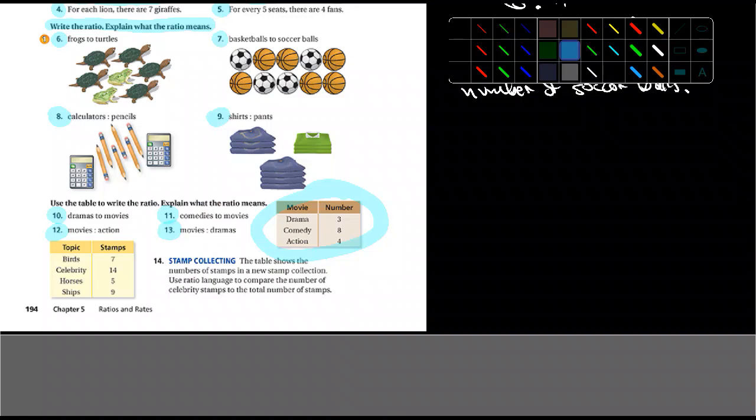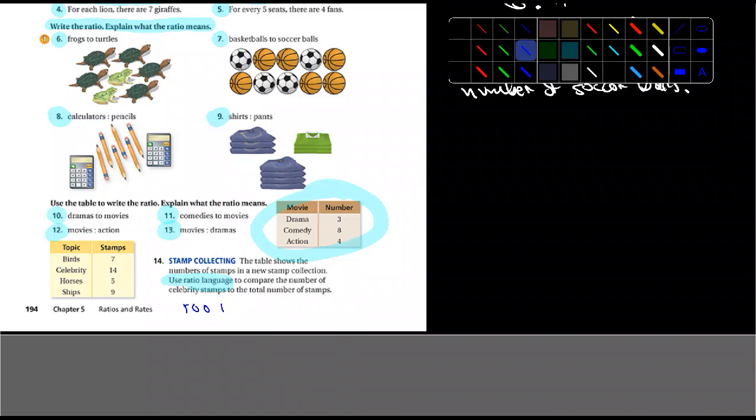Use the ratio language to compare the number of celebrity stamps to the number of total stamps. You'll need to total the number of stamps and then just look at the number of celebrity stamps. It says use the ratio language. Well, it's just what we've been talking about here. You could write, I'm just making one up, 100 to 50, or you could write 100 over 50. That's what they're talking about, as far as I'm concerned, when they say use ratio language.